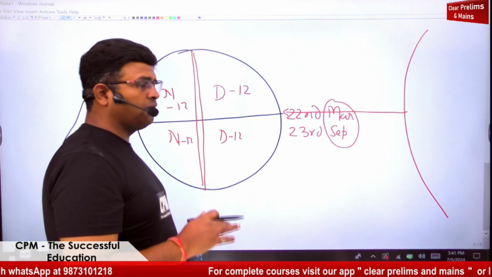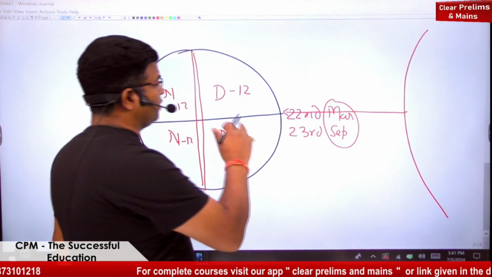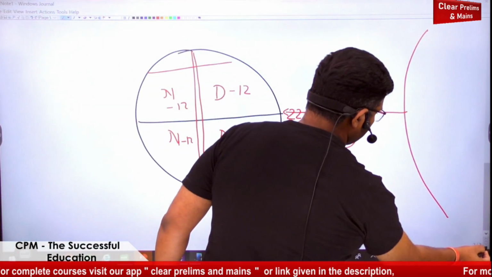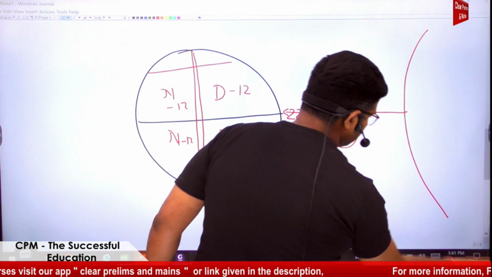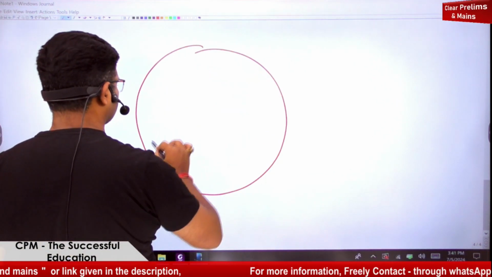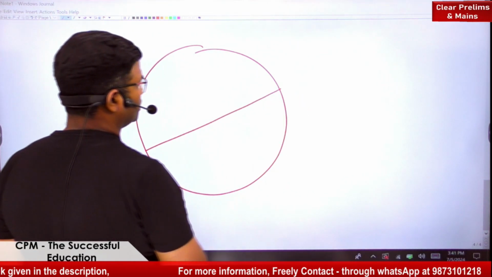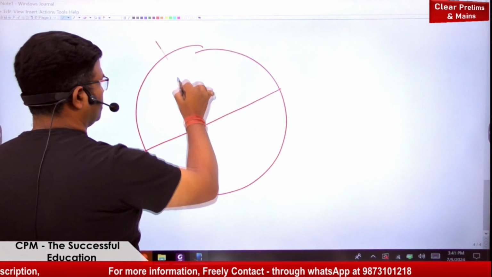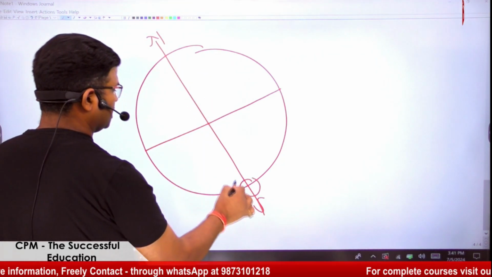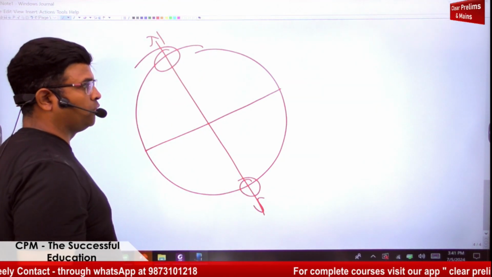But even then, this is on 22nd March and 23rd September. But Earth is tilted. Here is the equator, and our North Pole and South Pole. This is known as Antarctica, and this is the Arctic region, the polar region.